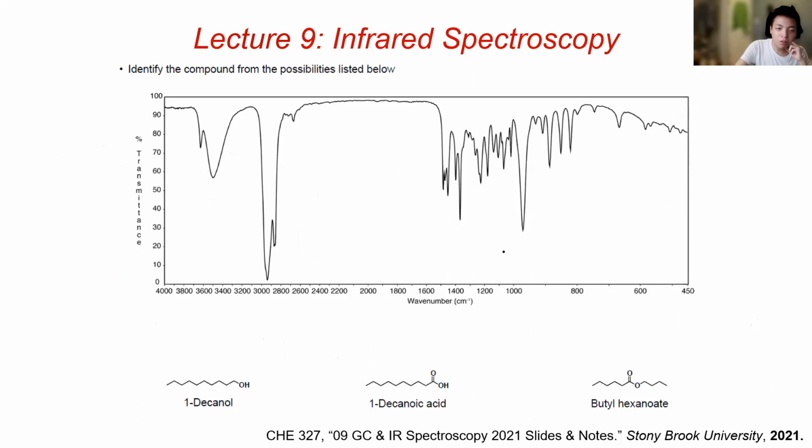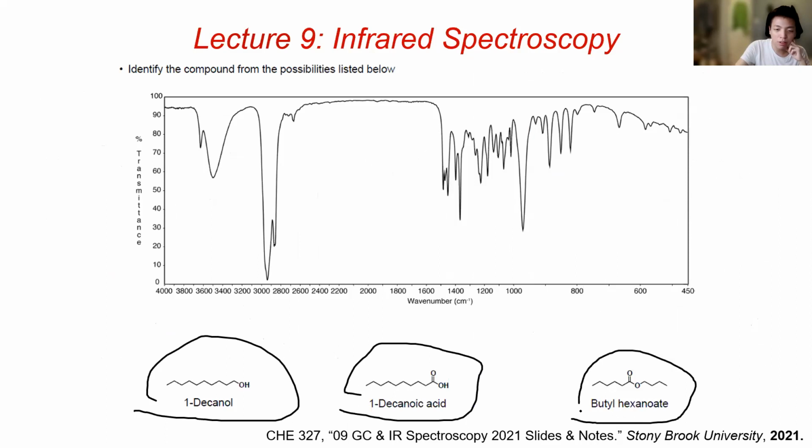And based on the previous knowledge, can you guys tell me which molecule this should be? Is it the alcohol, acid, or ester? Right, Jonas got it. Carbonyl is really strong and sharp, and we don't have it here. So that immediately crosses out any carbonyl peaks.